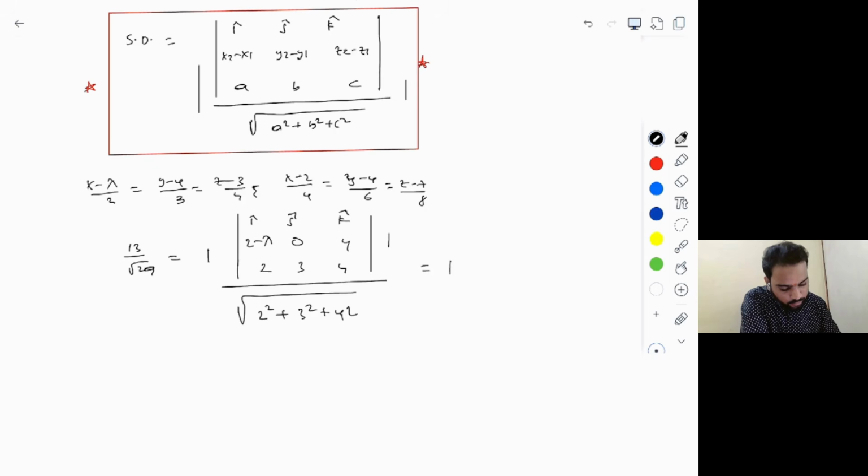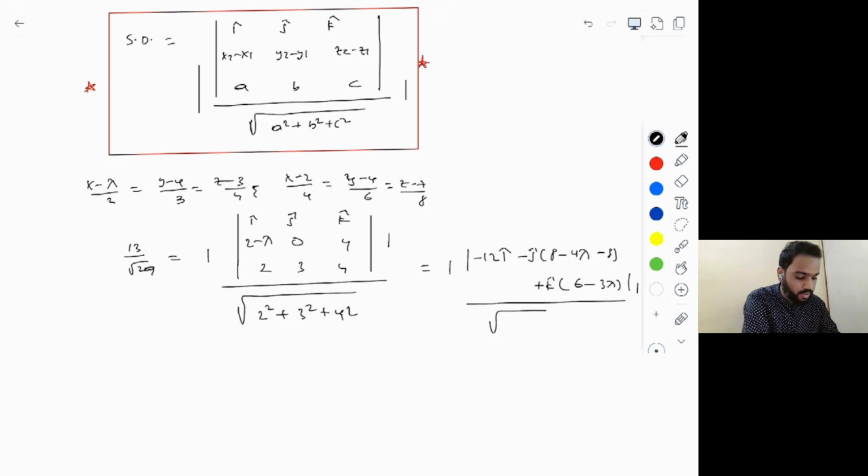It will be the modulus of i cap multiplied by (0 minus 12), which is minus 12 i cap, and then minus j cap multiplied by (8 minus 4 lambda minus 8), and plus k cap multiplied by (6 minus 3 lambda), whole modulus, divided by the square root of 16 plus 9, 25, 25 plus 4, root 29.